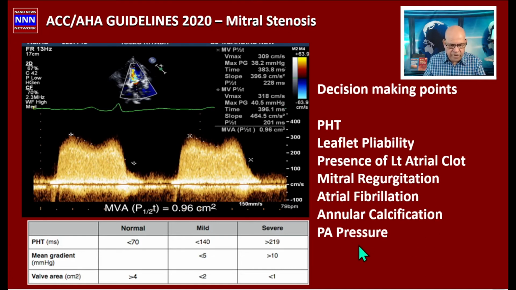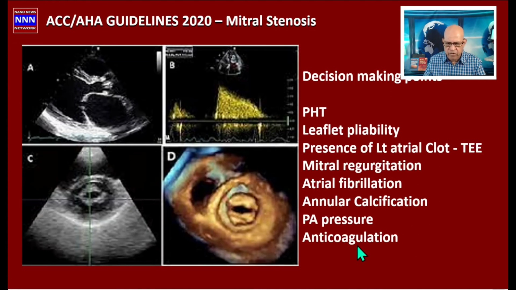Pulmonary artery pressure I already talked about. Now let's move on to some other issues we need to consider, some of which I already mentioned. The other important issue is anticoagulation. Patients with mitral stenosis, if they have left atrial thrombus, need to be on anticoagulation. If they develop new onset atrial fibrillation, they need to go on anticoagulation.